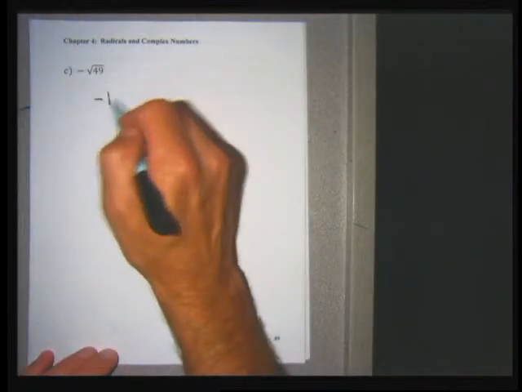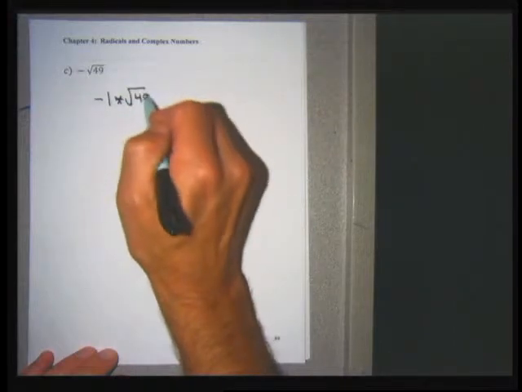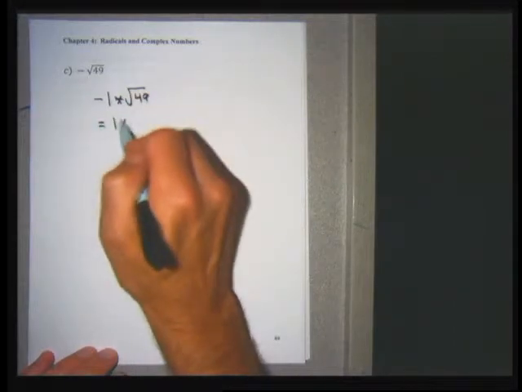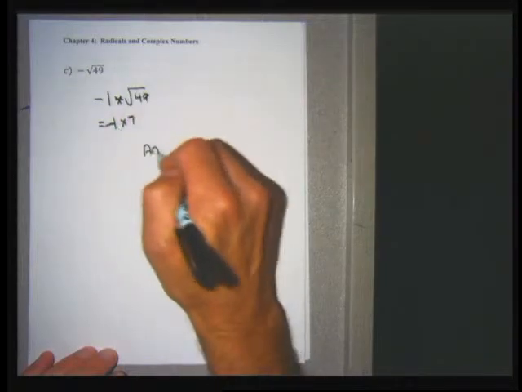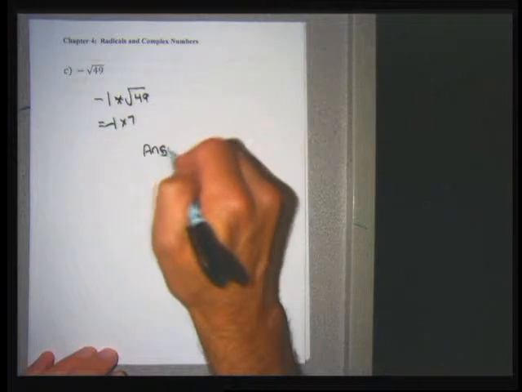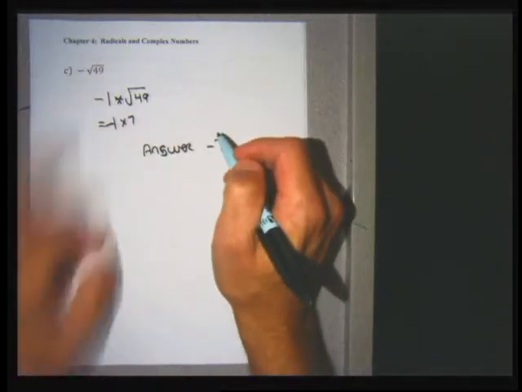C, if I was doing it by hand, I'd say this really means negative 1 times the square root of 49, which is negative 1 times 7. And the answer to part C is going to be negative 7. Equivalently, I could do that in my head without showing any work.